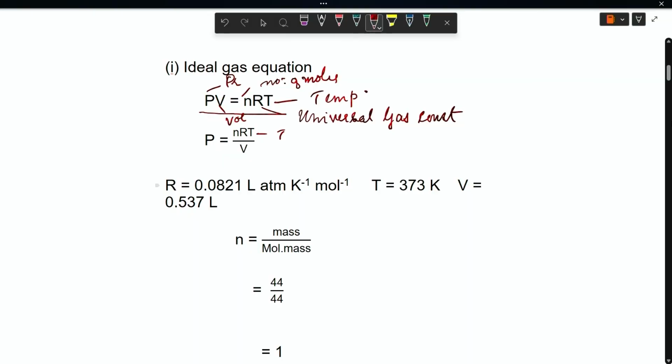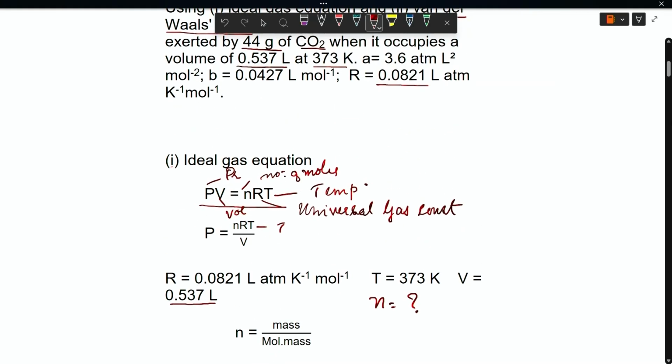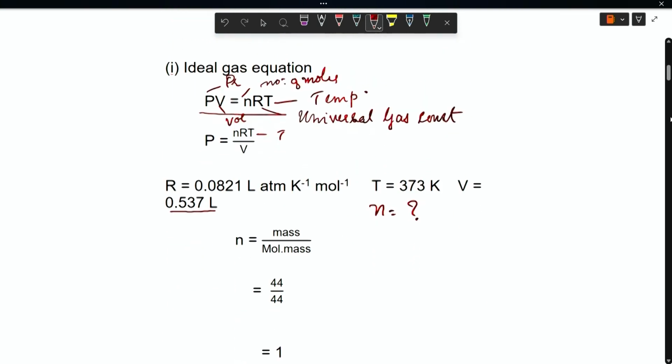Now, the data are written here, that is R is equal to 0.0821 liter atmospheres per Kelvin per mole, temperature is equal to 373 Kelvin and volume equals 0.537 liters. But here we do not have the value of n, number of moles. They have given the mass of carbon dioxide, 44 grams.